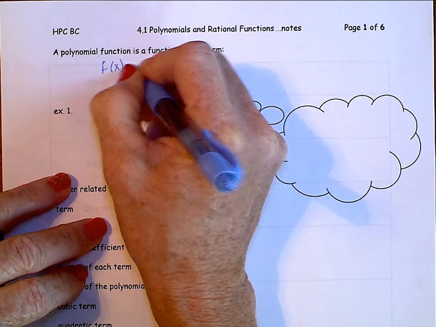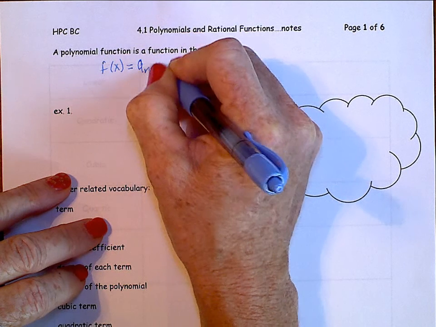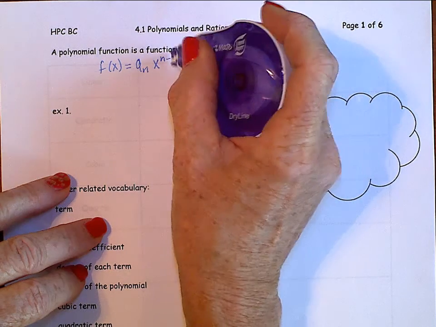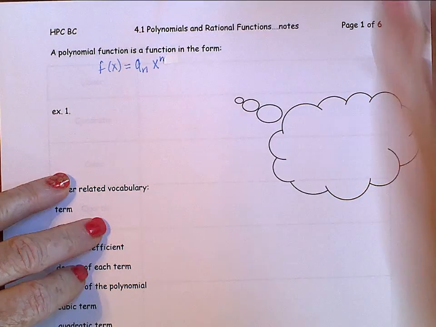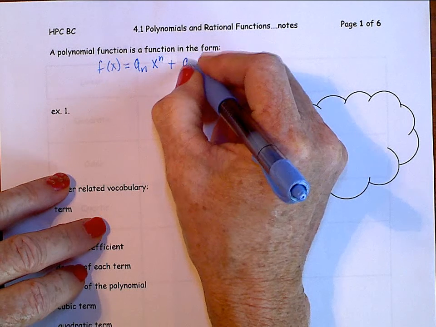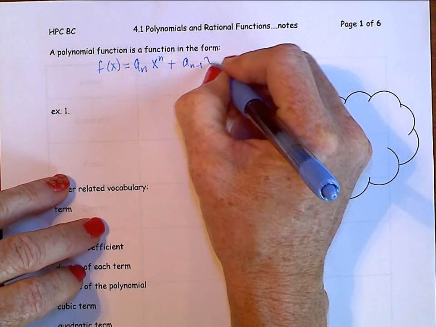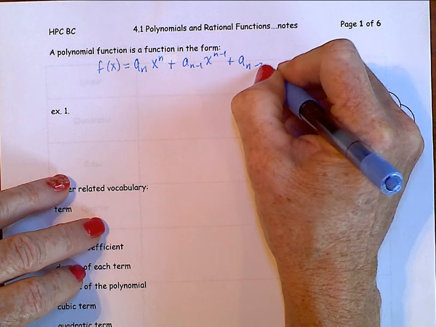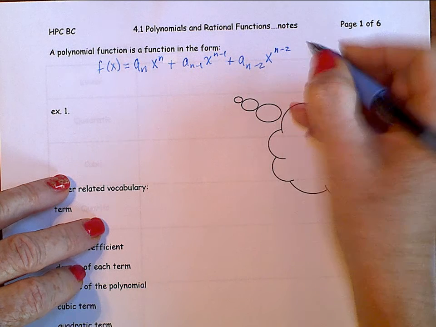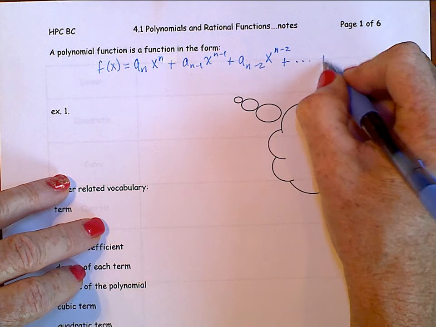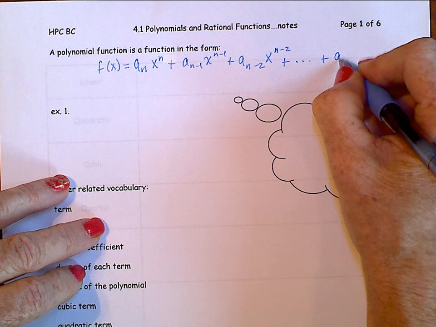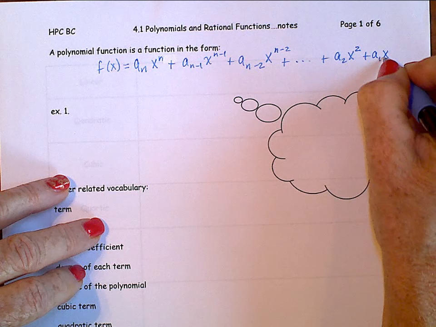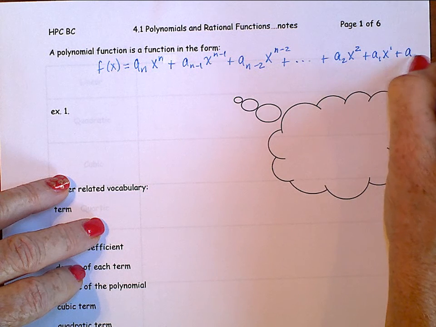f of x equals a sub n times x to the n, plus a sub n minus 1 x to the n minus 1, plus a sub n minus 2 x to the n minus 2, plus etc., all the way on down to a sub 2 x squared plus a sub 1 x to the first plus a sub 0.